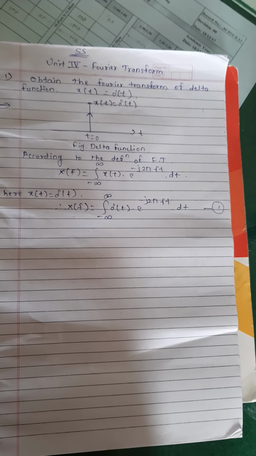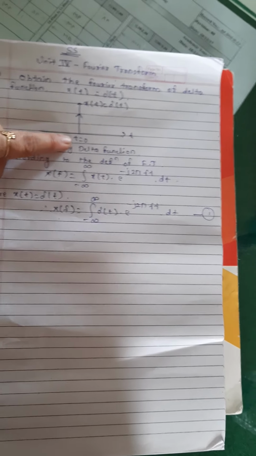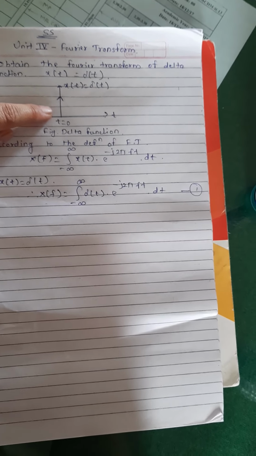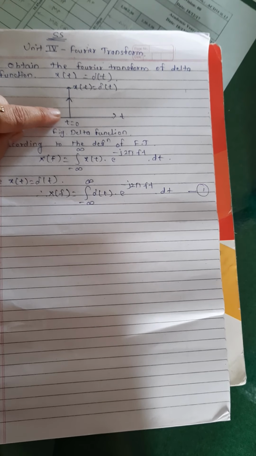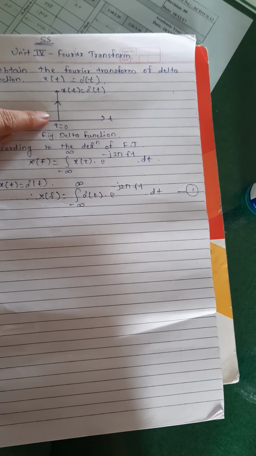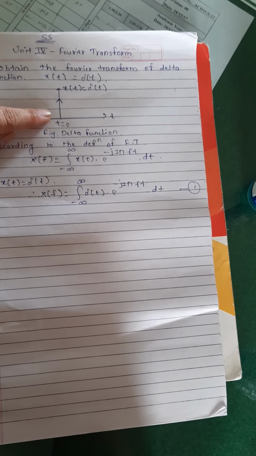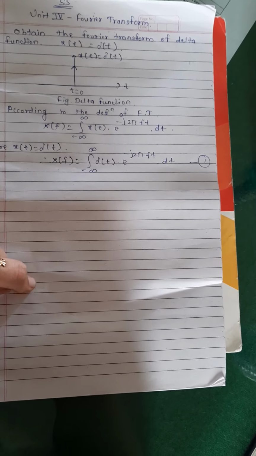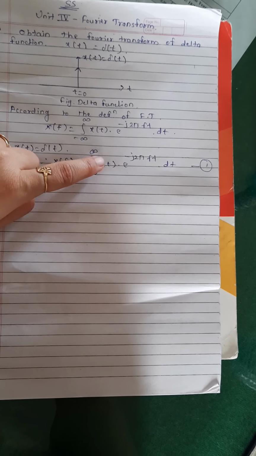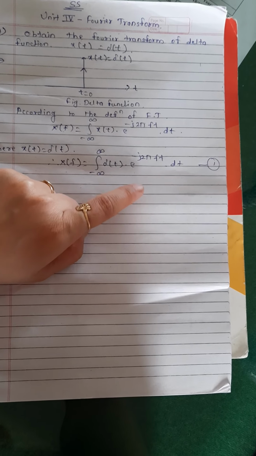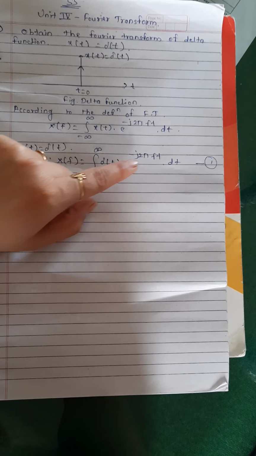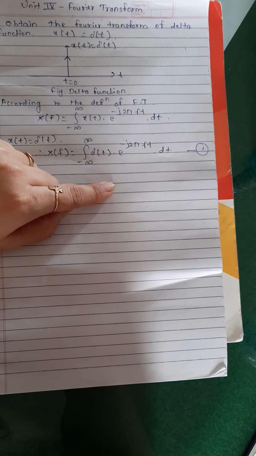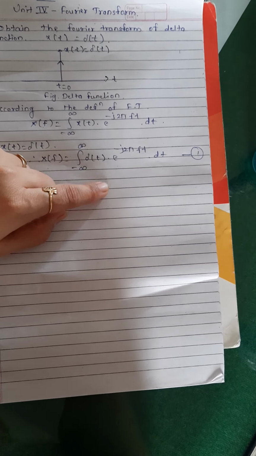Now here the delta function is present only at t is equal to 0. So we cannot calculate the integration directly. For that, to solve equation 1, we can use the shifting property of the delta function. That is, we can shift this delta t and e raised to minus j 2 pi f t.